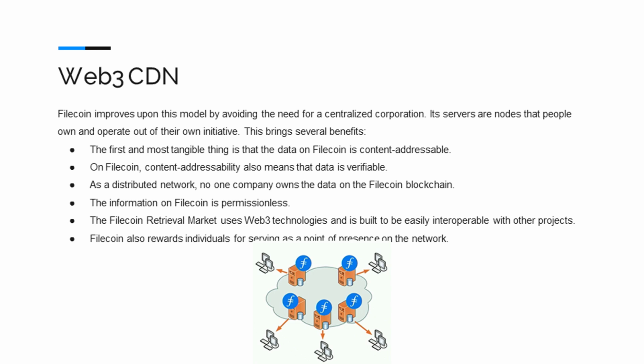The Filecoin retrieval market uses Web3 technologies and is built to be easily interoperable with other projects. Finally, Filecoin also rewards individuals for serving as a point of presence on the network. People who want to serve a POP receive crypto incentives as part of the Filecoin retrieval marketplace.